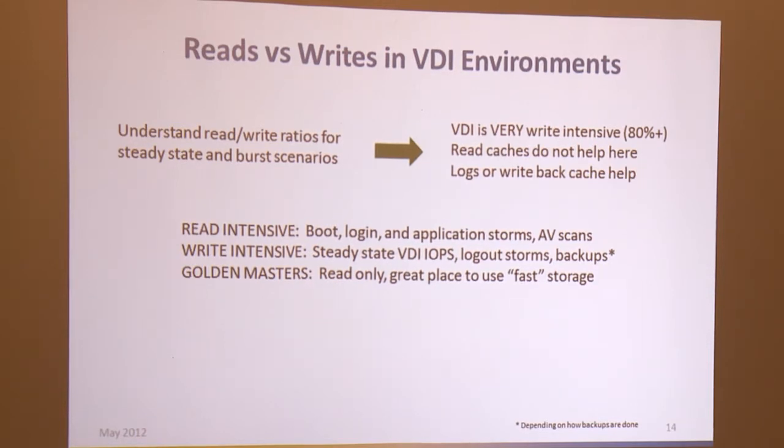So I mentioned single image management a little earlier. And this is actually a great place, if you have access to storage tiering, to be able to lock down the golden master, which is the device that you're creating a bunch of copies from that you're going to actually mount on the desktops out there.